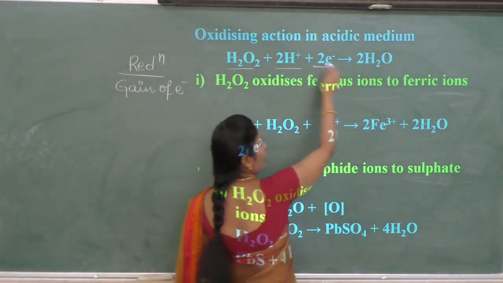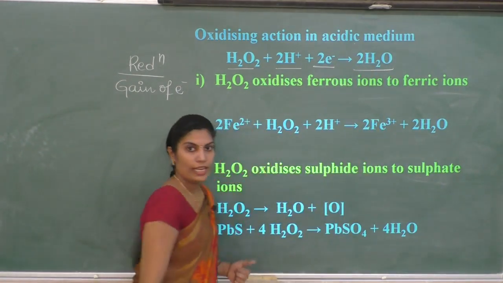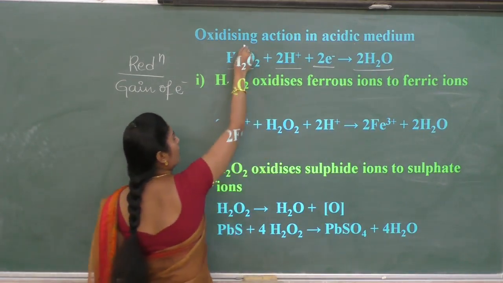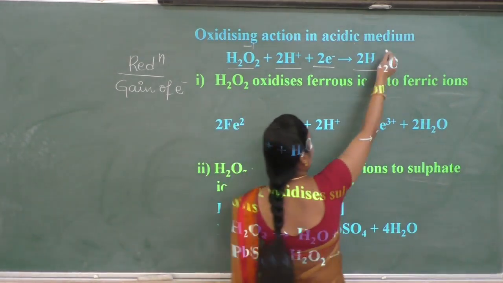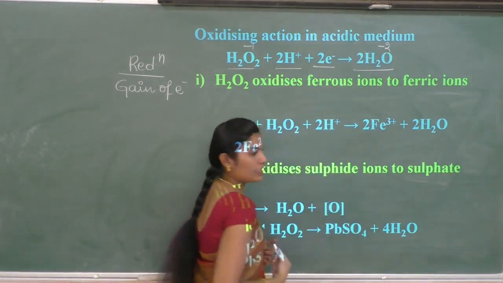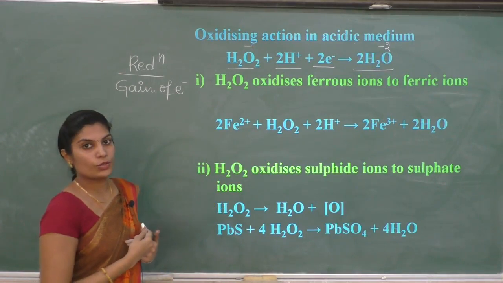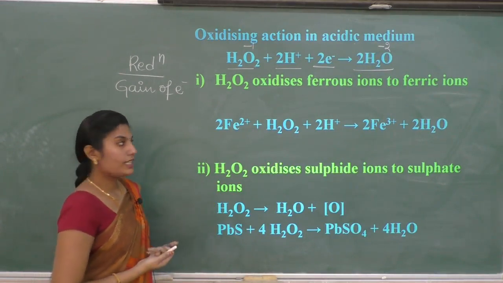It is reduced to H2O. In H2O2, what is the oxidation state of oxygen? -1. Here the oxidation state of oxygen is -2. It is reduced to -2, isn't it?